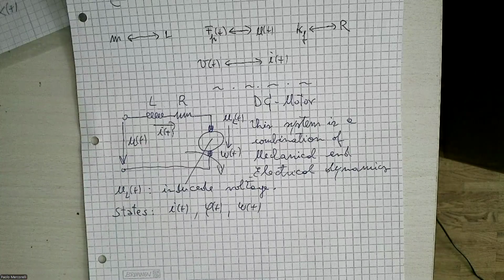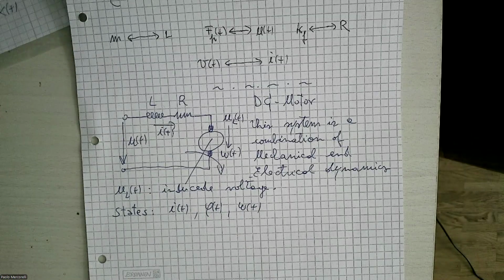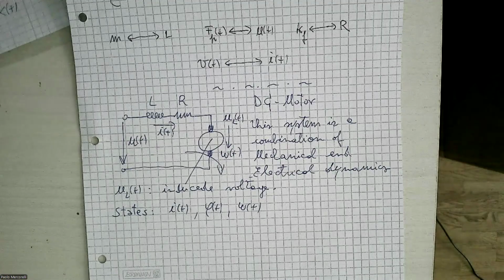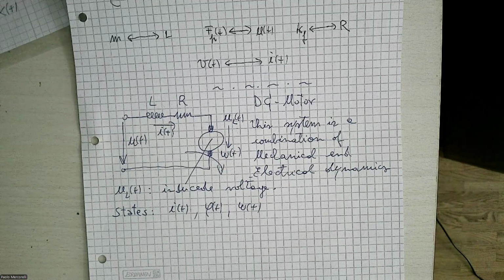This picture recalls this concept here. But of course also the position is a state, because the position is the integral of the velocity. We have already seen in this example of the mechanical system how the position is always an integral of the velocity, and the integral indicates the state.